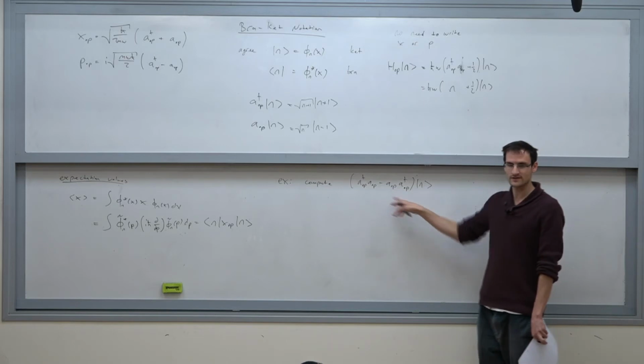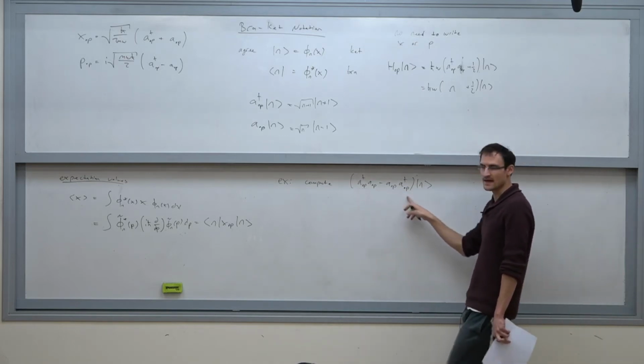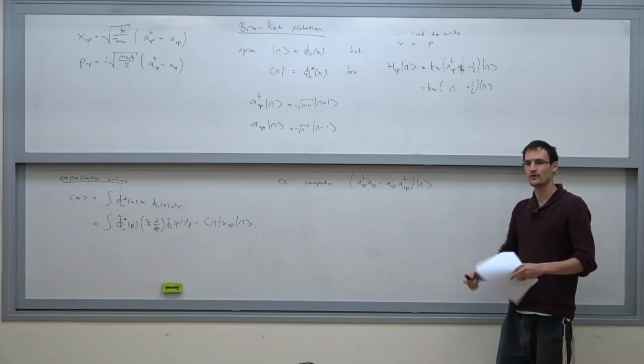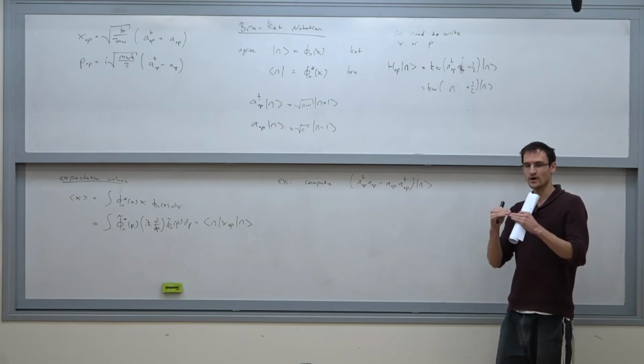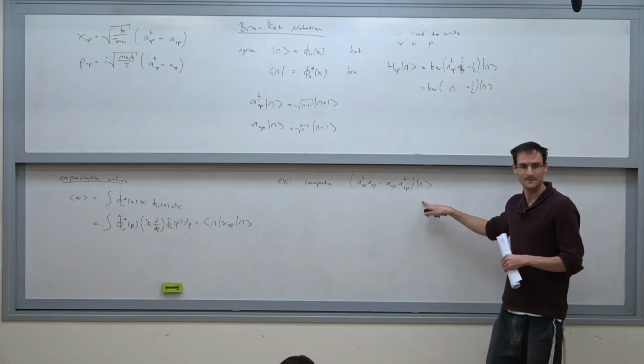We will see that the order is relevant. You could think it doesn't matter whether you act A dagger A or A A dagger. Who cares if I raise and then lower, or first lower and then raise? I'll end up at the same point. So it turns out you don't. And we'll see in a second what this means.